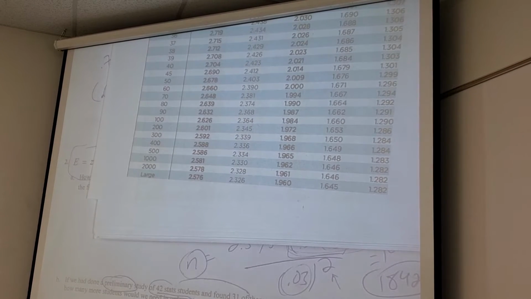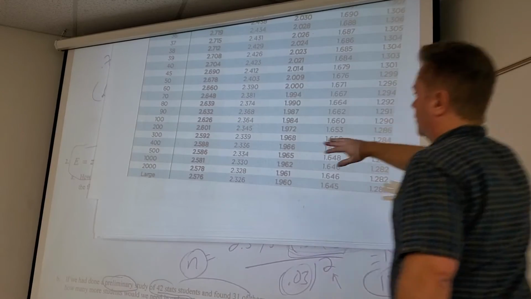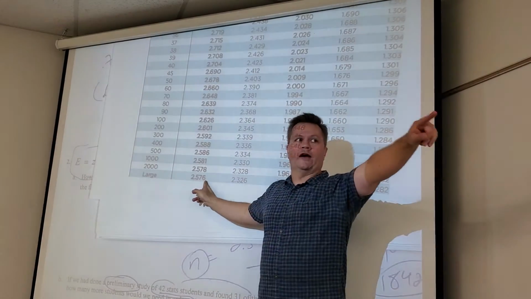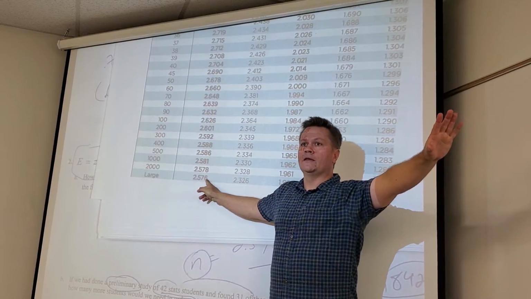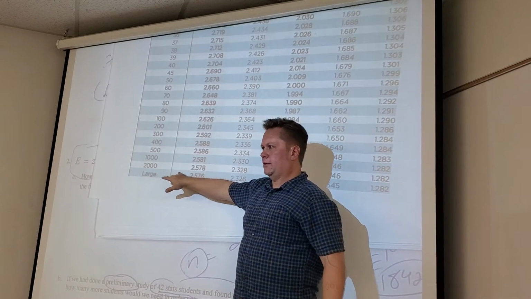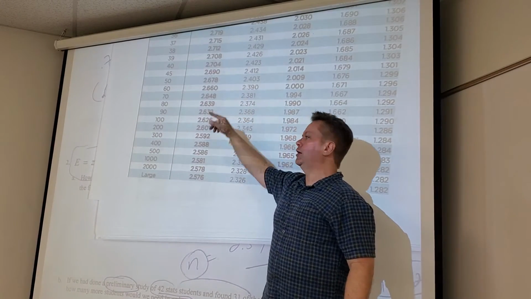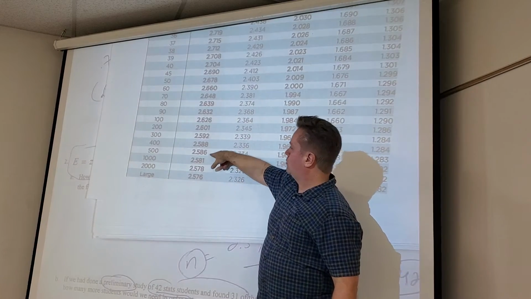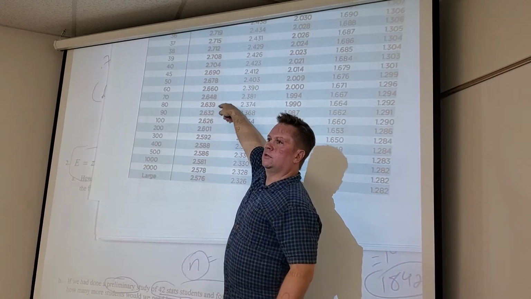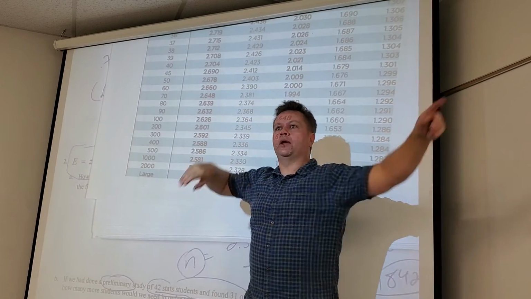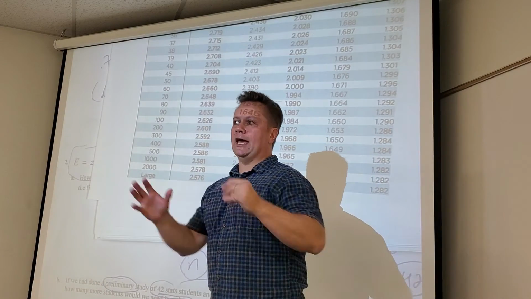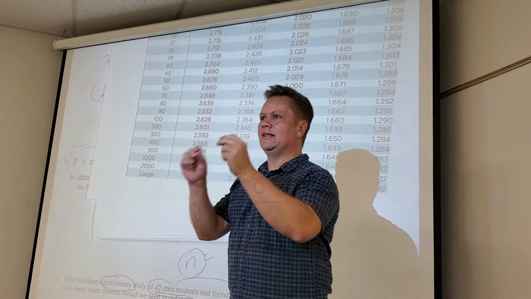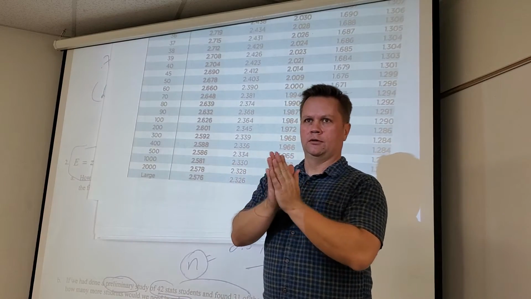So here's the 2.576, like the 2.575 we just used. That's a z-score. So that's one neat thing about the T-score chart, that it has z-scores in it. What happens as my sample gets smaller and smaller? It gets bigger and bigger to cover my ass, because the S we get is less and less certain.